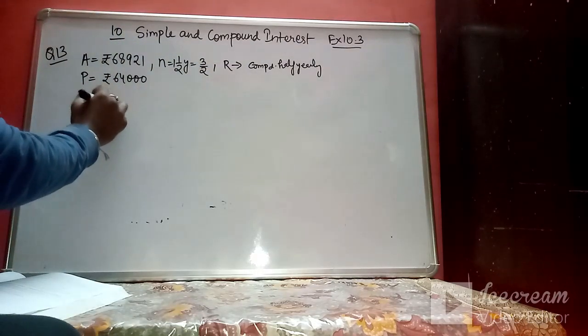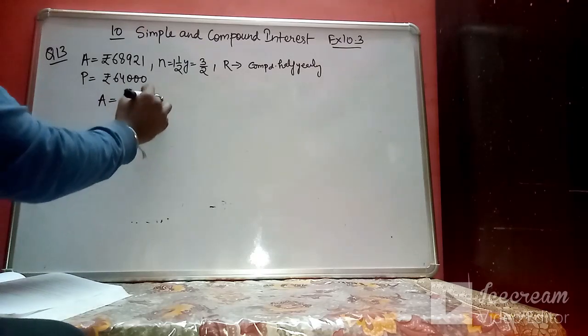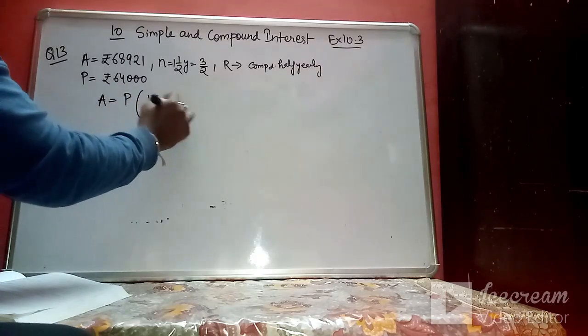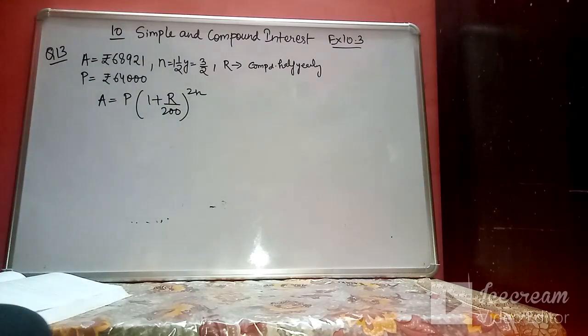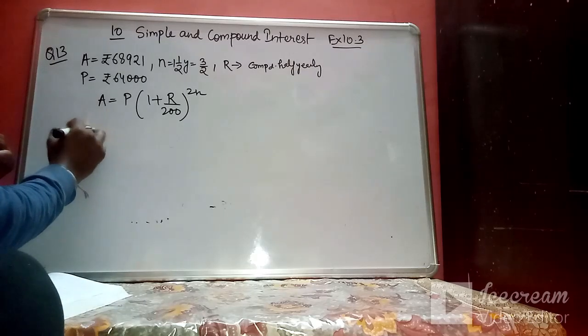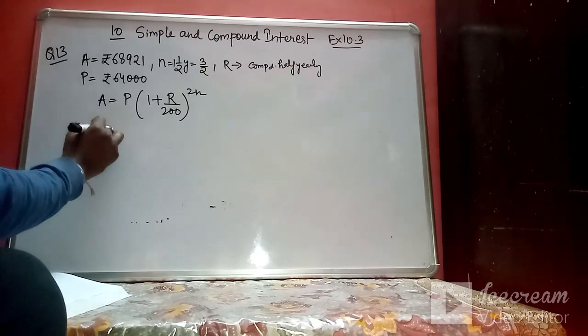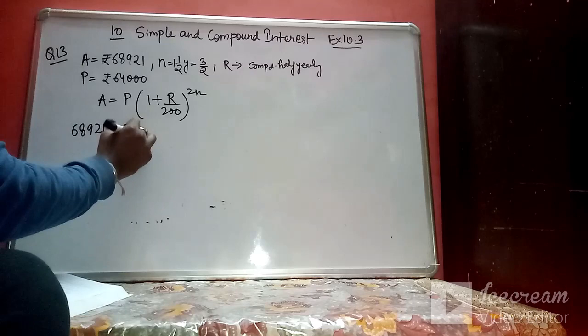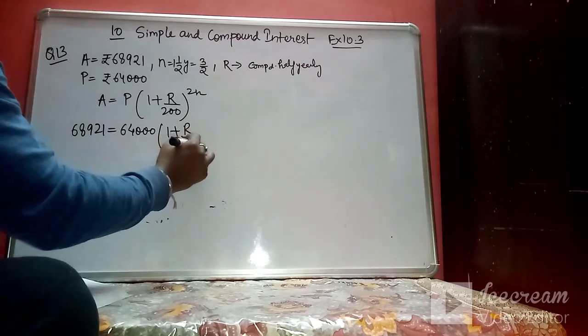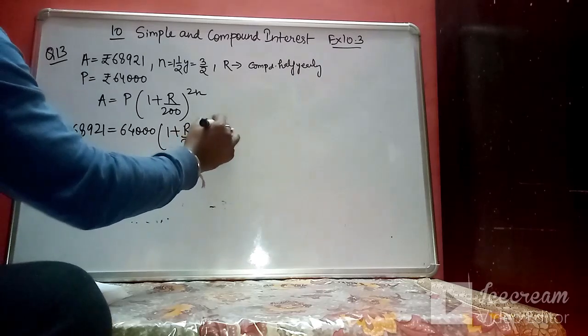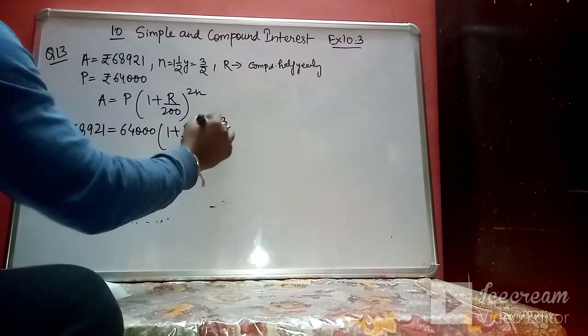We will use A equal to P into 1 plus R upon 200 to the power 2n. Okay. This was the formula. So let's put the value. 68921, 64,000. R we didn't know. What is N? N is 3 by 2.